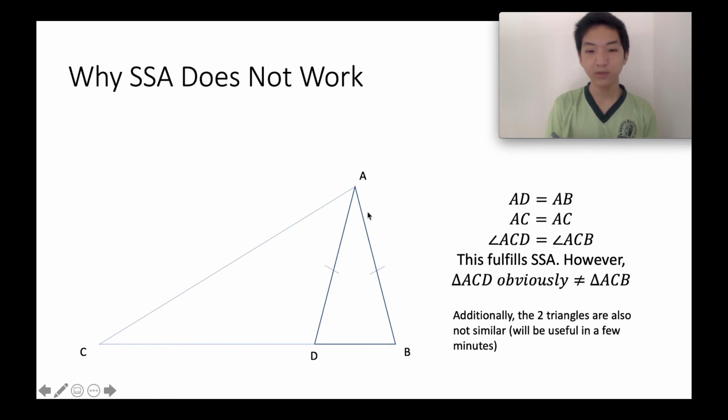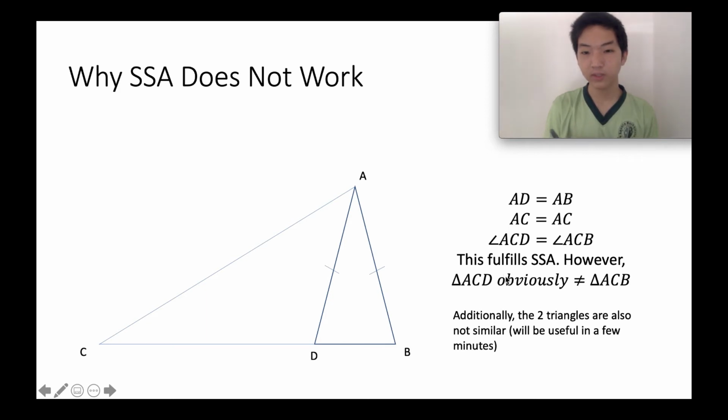Now I'll be going over why SSA does not work. You can see that we're given a triangle here, where AD equals AB. From here we can obviously see that AC equals AC. And then also obviously angle ACD equals angle ACB, because they're the same angle, it's this angle right here.